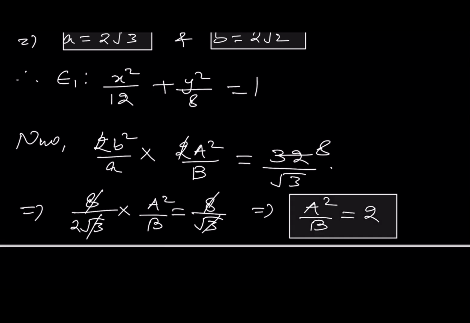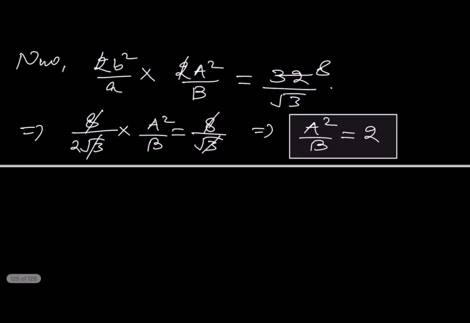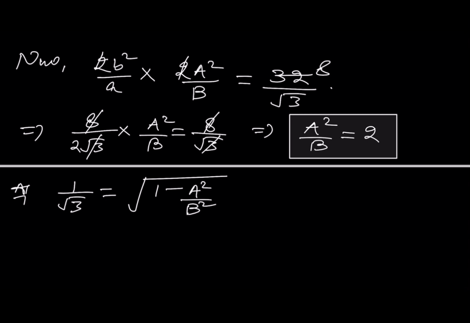Now, as the eccentricity for E2 is also 1 by root 3, so 1 by root 3 is equal to root over 1 minus a square by b square. So from here 1 by 3 is equal to 1 minus a square by b square, where a square is 2b, so 2b by b square, right?